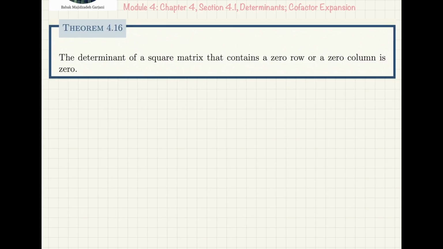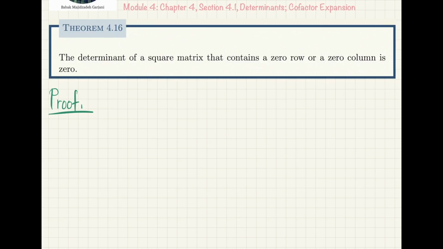This theorem tells you that if you have a square matrix containing a 0 row or a 0 column, then you really don't need to calculate the determinant through that definition. That definition gives rise to 0 immediately. Understanding this is very simple, but let me write the proof for this theorem.